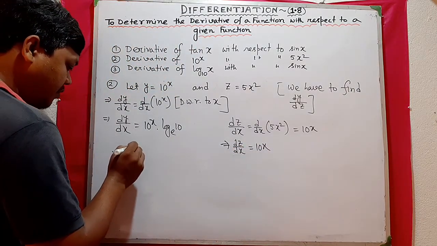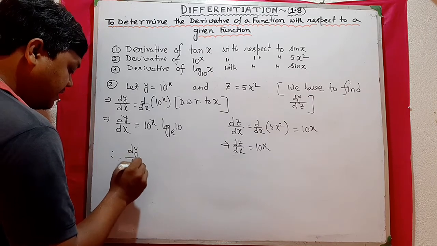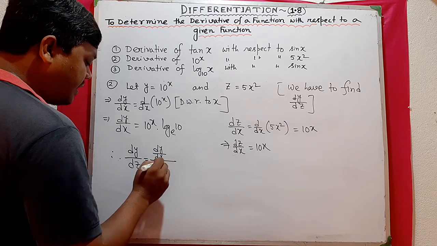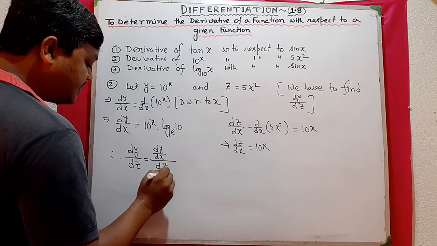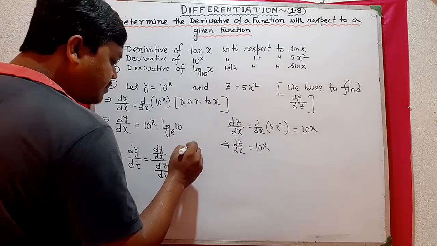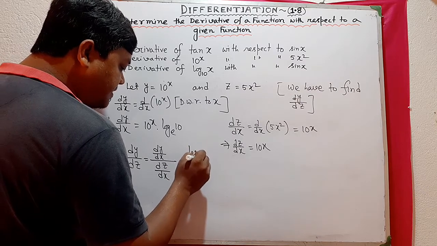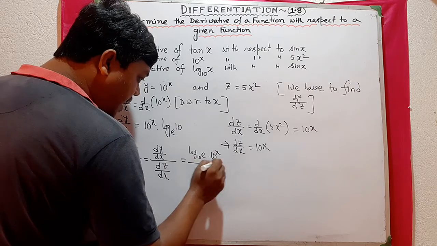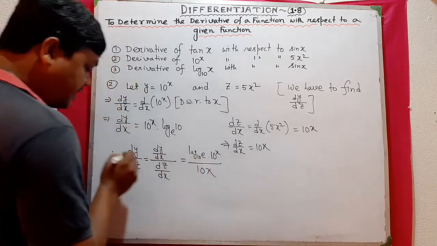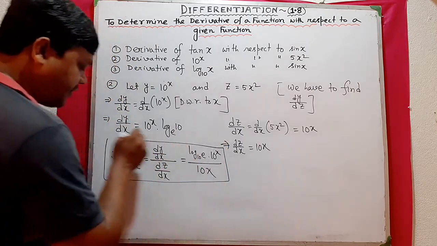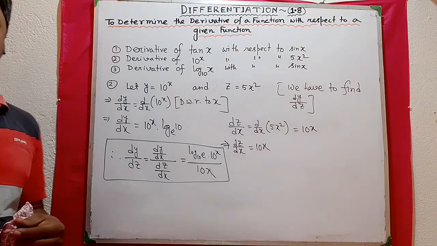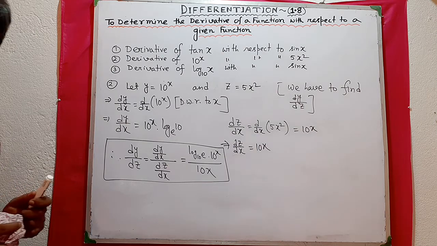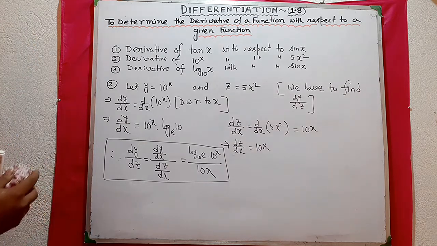Therefore dy/dz equals dy/dx by dz/dx, that is log 10 base e into 10 to the power x by 10x. That is our required result. Okay, so problem number 2 has been solved. Next, problem number 3.